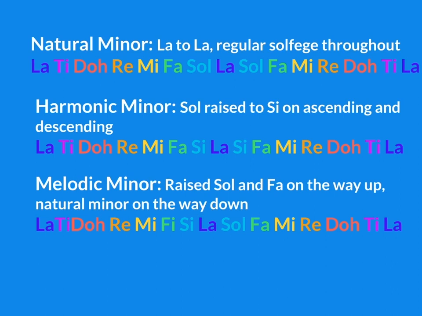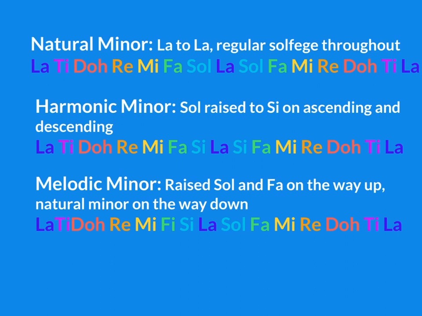So just to recap, our natural minor scale is going to go from La to La, and it just has regular solfege the whole time. La, Ti, Do, Re, Mi, Fa, Sol, La, La, So, Fa, Mi, Re, Do, Ti, La.